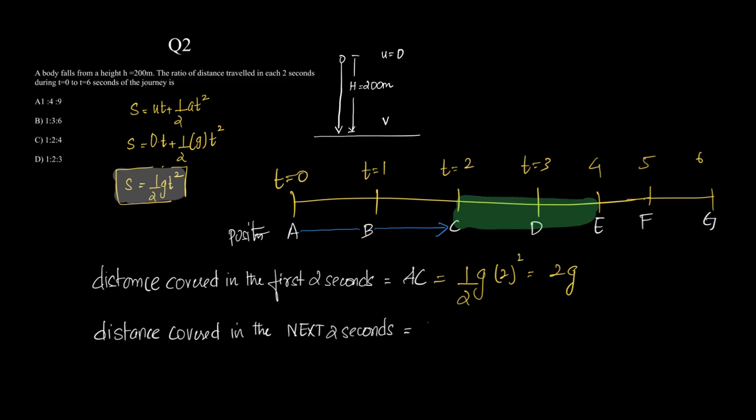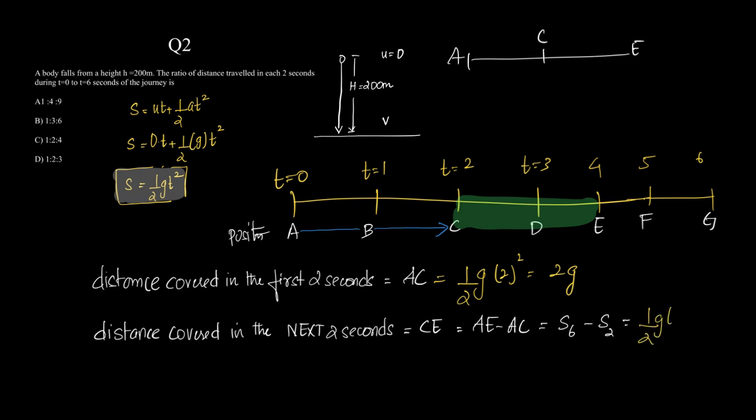So I'll write it down, which is equal to CE. And what is CE equal to? See, this is A, this is E, and this is C. So CE will be equal to AE minus AC. What is AE? AE is distance traveled in 6 seconds. And what is AC? That is distance traveled in 2 seconds.